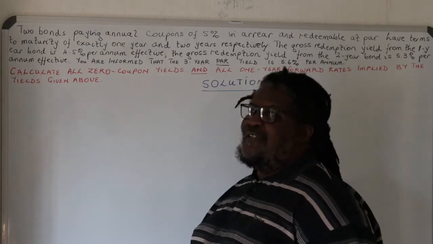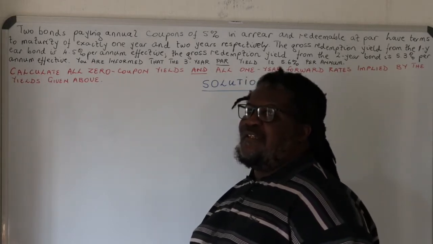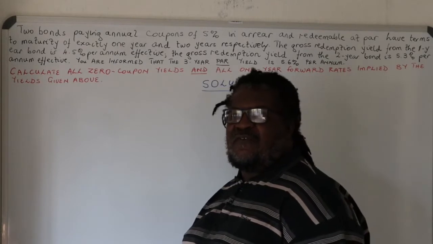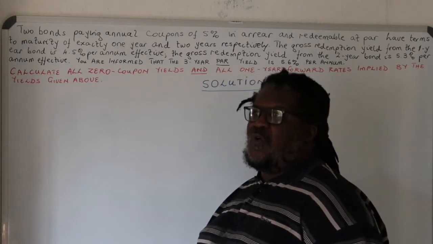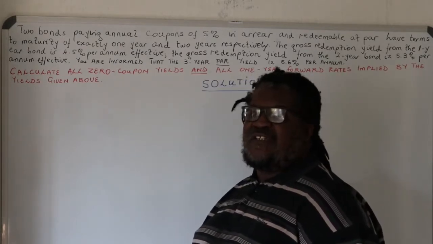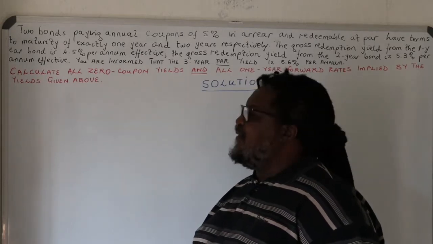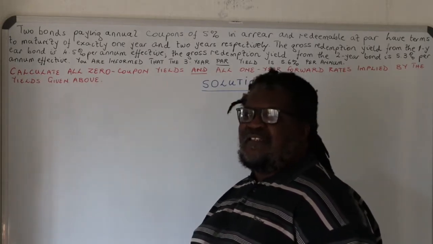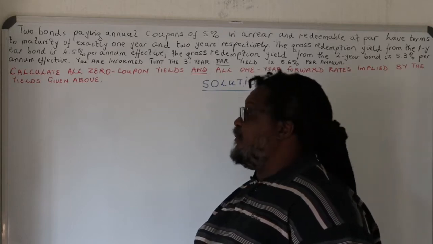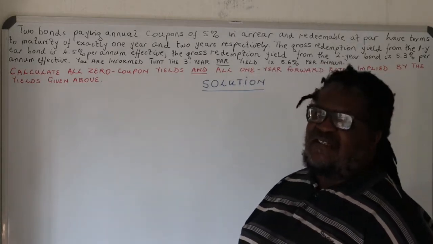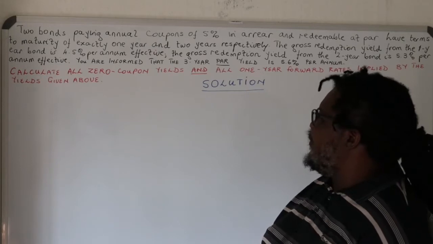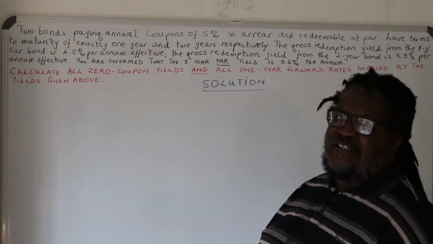It is basically a question that deals with discounted cash flows, future values and the time value of money. This question is interesting in that the understanding of the English and the terminology that is used is very important.